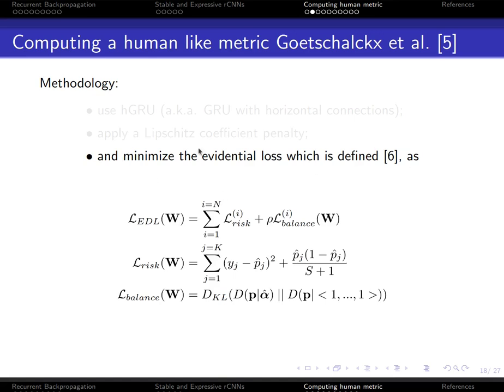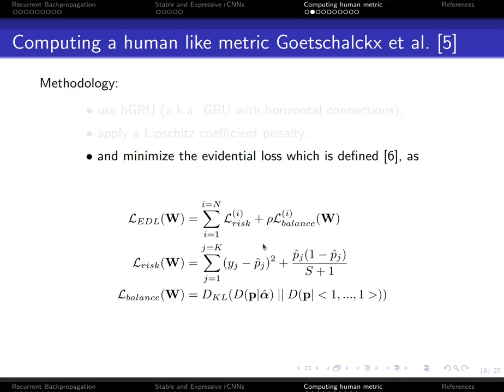And it adds a new term, which is basically the evidential loss. Now, I'm not going to go into much detail in this loss, but you can look at it in the following way. The cross entropy is the same as taking the negative log likelihood of a multinomial distribution, and the evidential loss, specifically the loss of the risk right here in the middle, is equivalent to taking the negative log likelihood of a multinomial distribution with a Dirichlet prior.